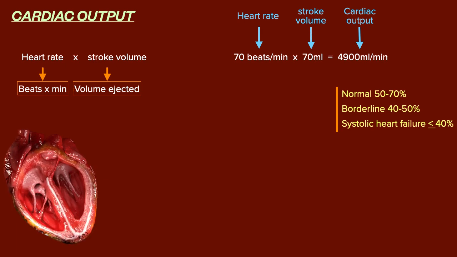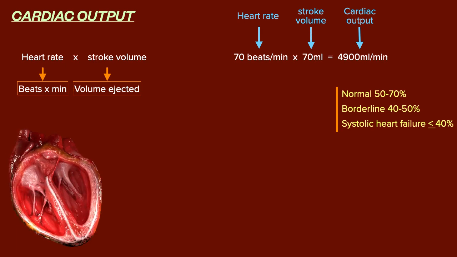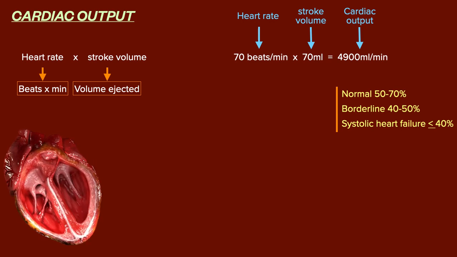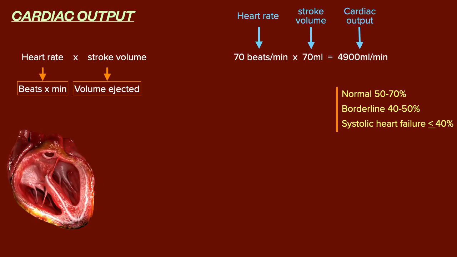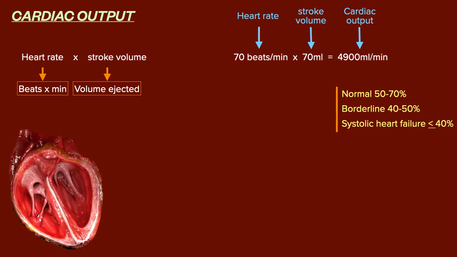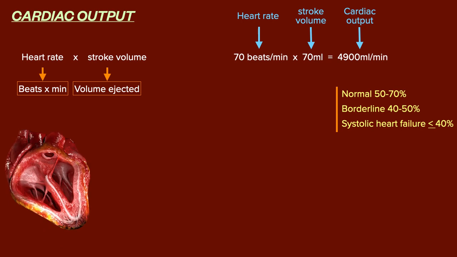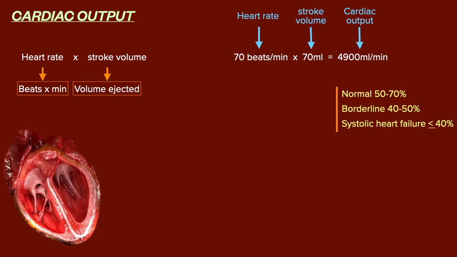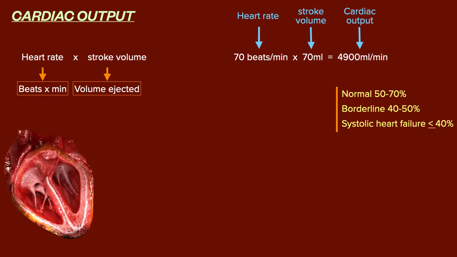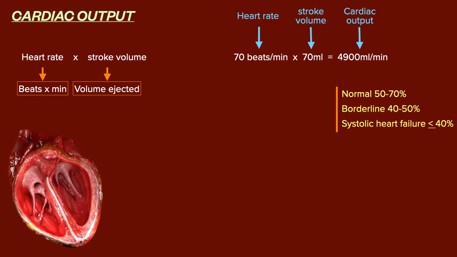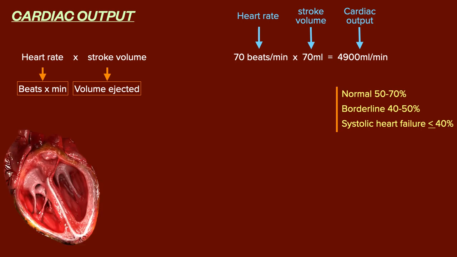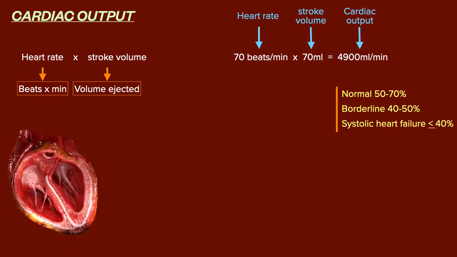All right, the heart needs to squeeze out a certain volume of blood every minute. We call that the cardiac output. We can also rephrase it as heart rate, or the number of beats per minute, multiplied by the stroke volume, which is the volume of blood that is squeezed out with each heartbeat.